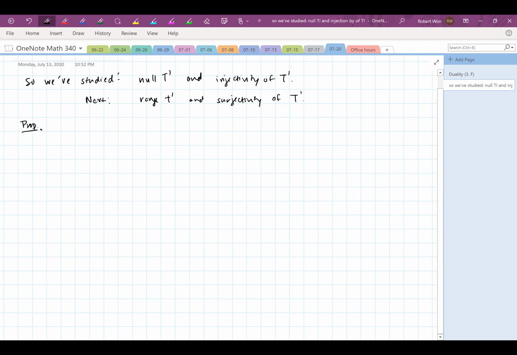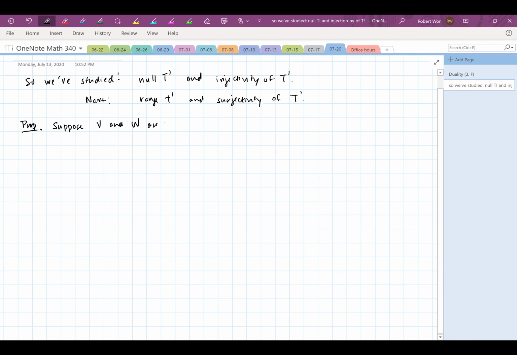Okay, so here again, I'm going to assume that V and W are finite dimensional just for essentially this second step in the proof, so I'll only state it for finite dimensional things.